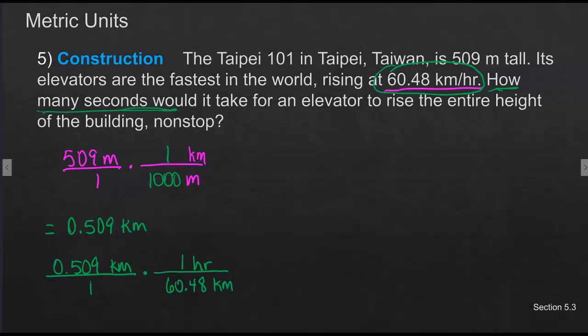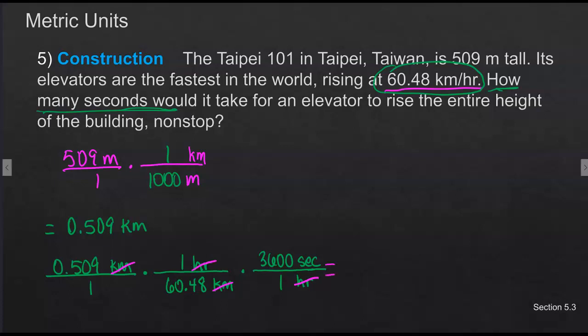Now 60.48 kilometers per hour is kind of hard to think about when we're looking at how many seconds this is going to take. So this will help us here. We're going to have 3,600 seconds in 1 hour. So now I have it set up for my conversions. My initial one was just to take it to kilometers, and now I can get my time in seconds.